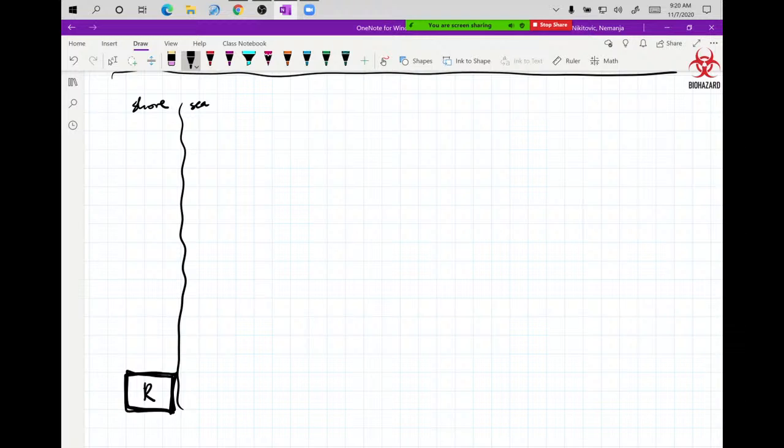And you're going to have some drilling platform over here. Drilling platform, oil rig, and they are drilling for oil offshore. Now, the distance to this platform is 5 miles, and the distance this way down the shore is 10 miles, let's say.